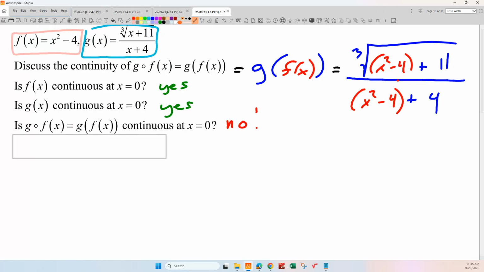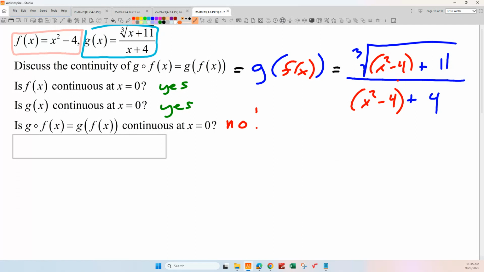That's pretty complicated, right? An easier way to think about it: people always make compositions very difficult, but all I have to do is write out the composition, merge the layers, and look at that as just one different function. If I merge that, on the bottom I just get x squared. On the top, I get the cube root of x squared plus 7.